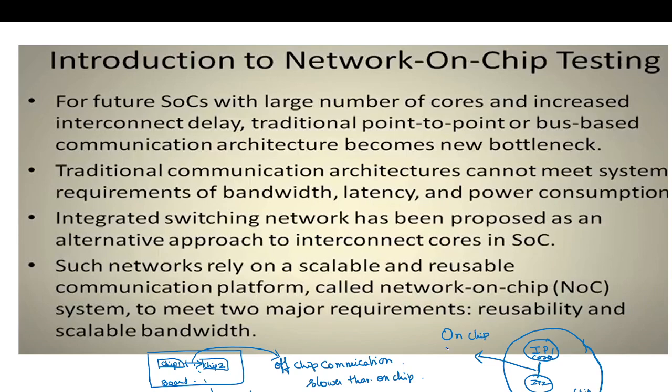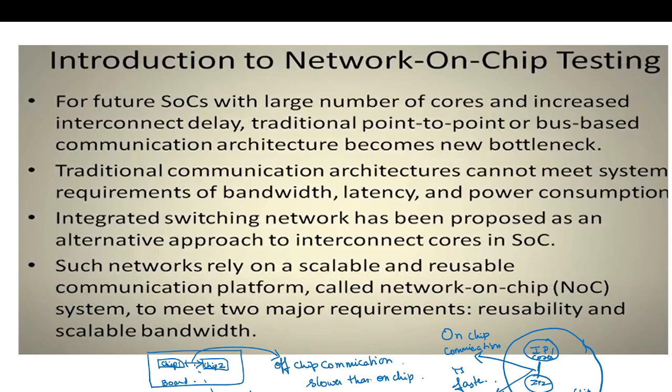This is on-chip communication, which is faster, so this should be running at high frequency. There are a large number of lines running, and if it is a board it will be a little bigger in size. But when it comes to an SoC chip, in a small chip, there will be multiple lines running.